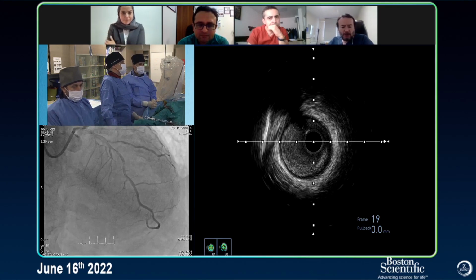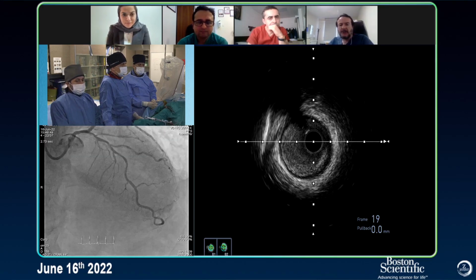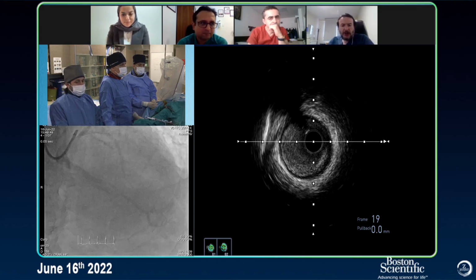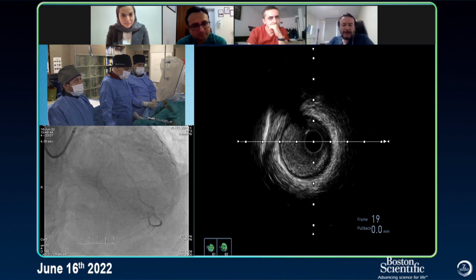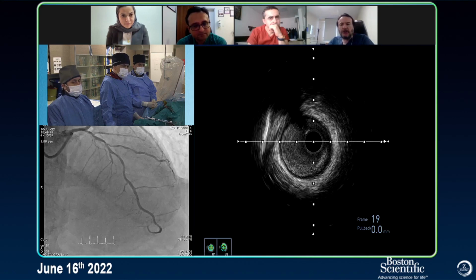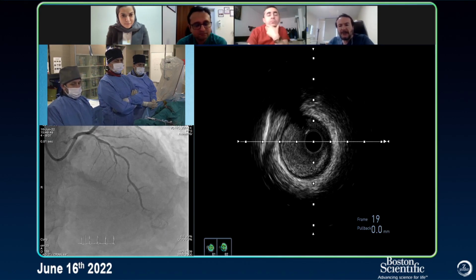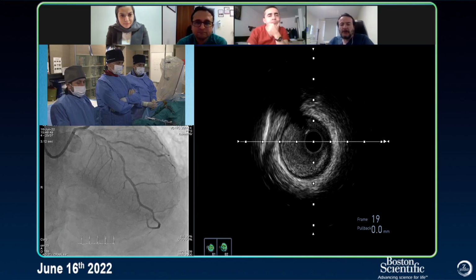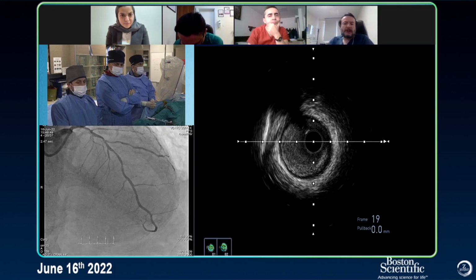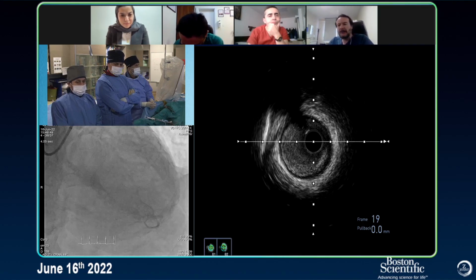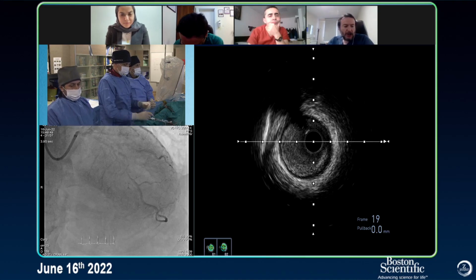Now we have the IVUS, so we know the vessel diameter, and we have a 360-degree arc of calcification there. We definitely should go with the rota there. At the proximal part, I would like to measure the minimal lumen area at the ostium of the LAD, and then I would decide whether I go through into the left main or not. But this is definitely going to be a rota case for me, according to IVUS.